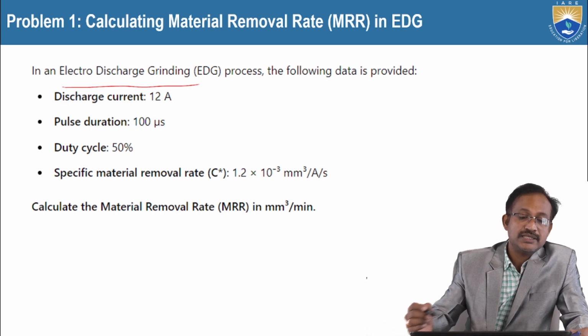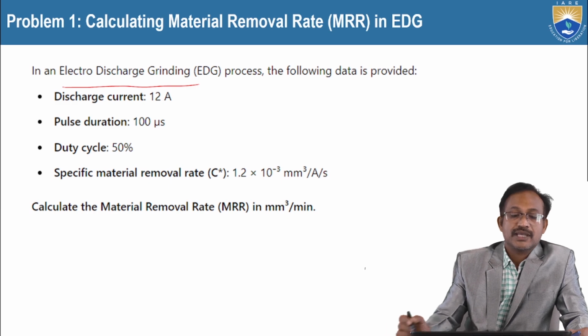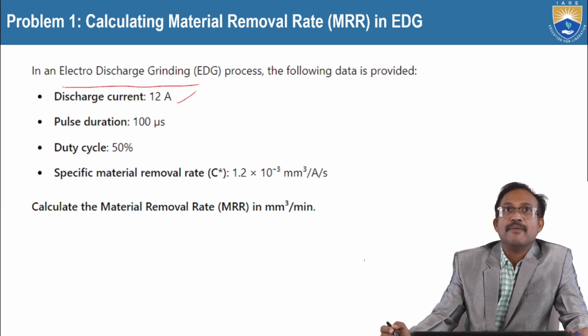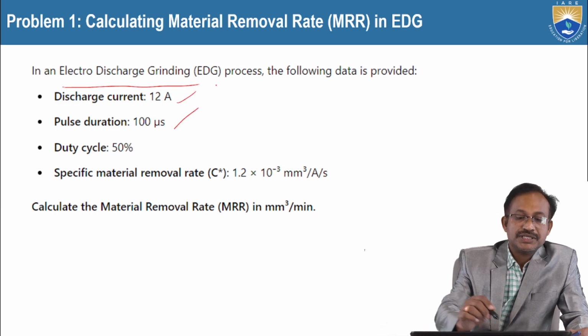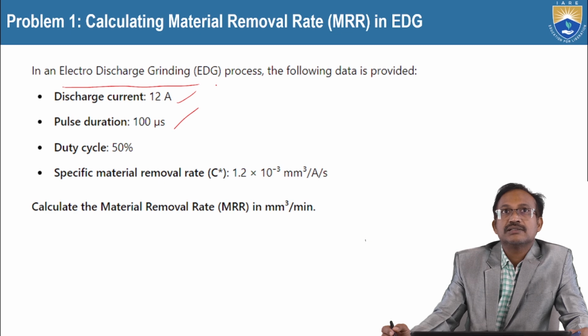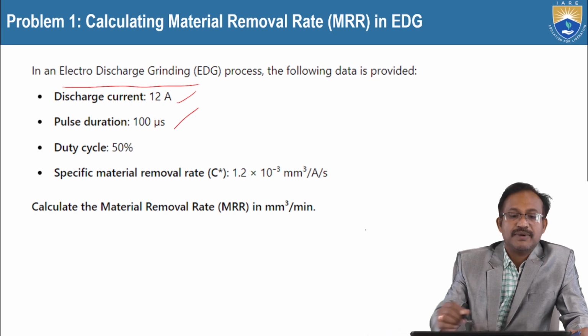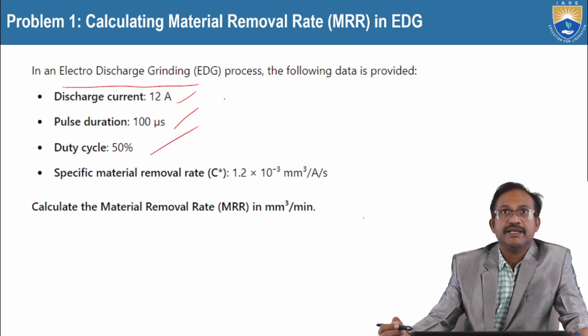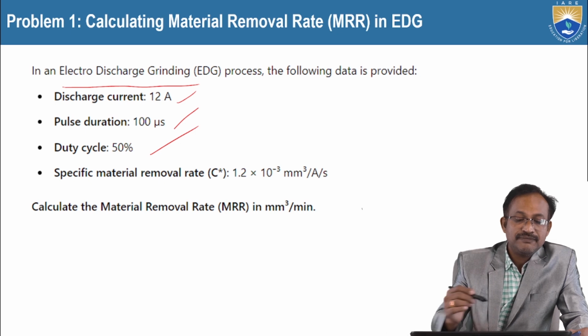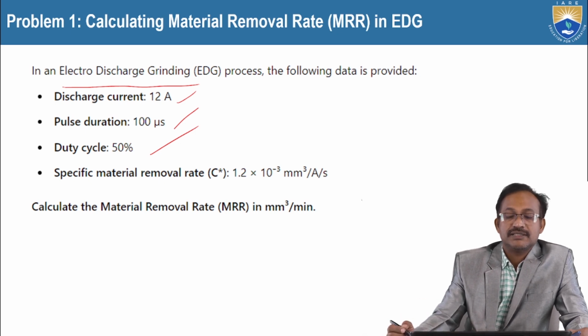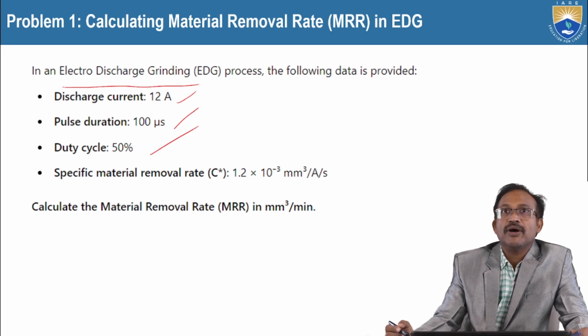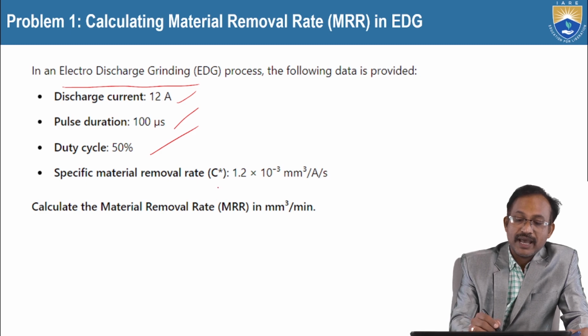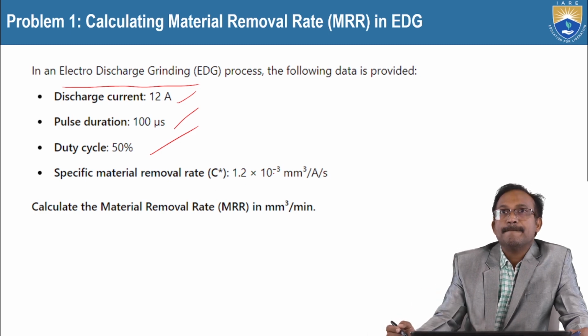The given data is: discharge current 12 amperes, pulse duration 100 microseconds, duty cycle 50%, that is 50 by 100, and specific material removal rate C star is 1.2 into 10 power minus 3 mm³ per ampere per second.